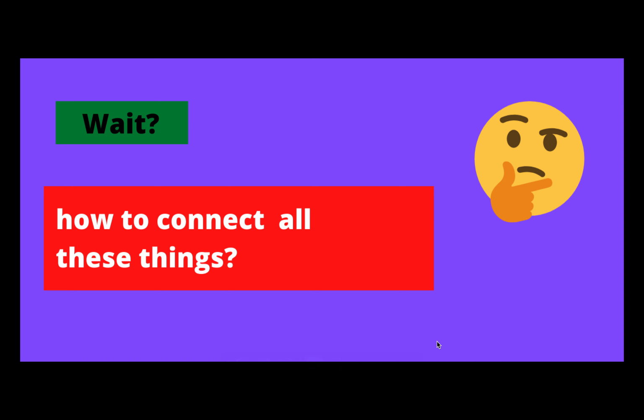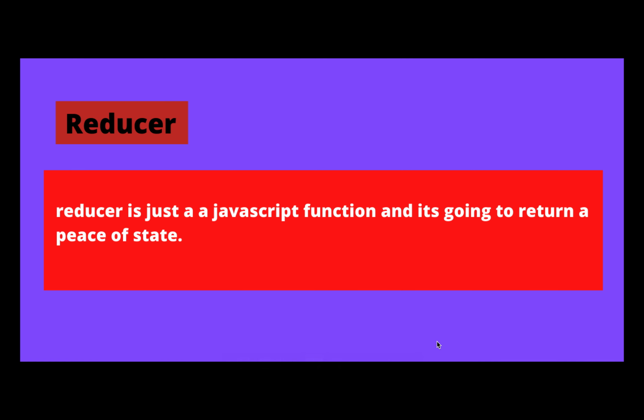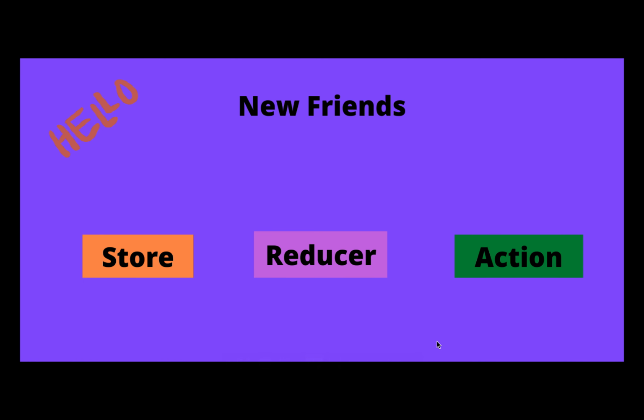Alright, my friends, so it's time for us to understand how to connect all these things together. But before doing that, I'm just gonna tell you one secret about Redux. Let me go back here to our slides. The store and action: creating the store and creating the action is the easiest thing that you can do in your entire job as a developer.